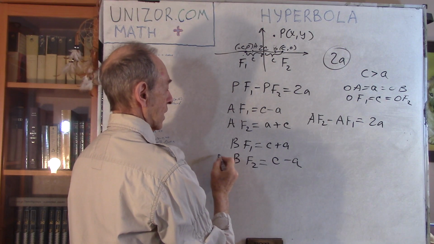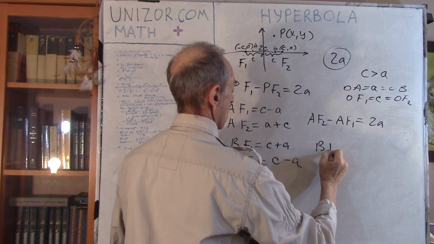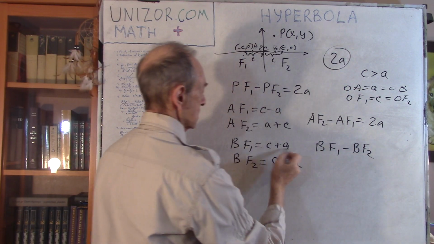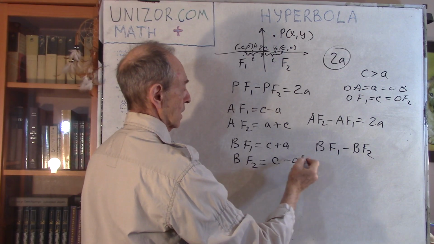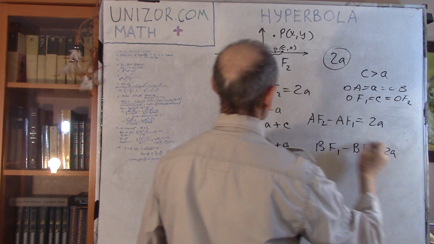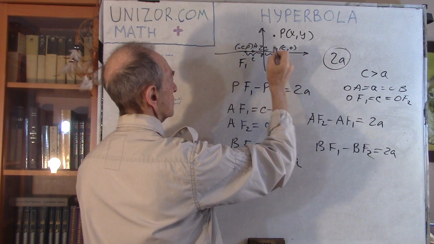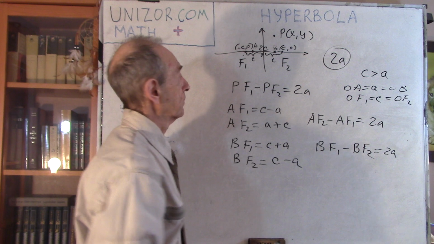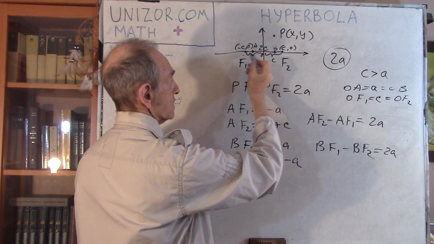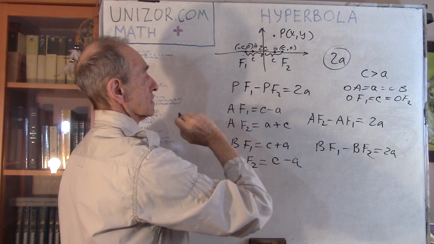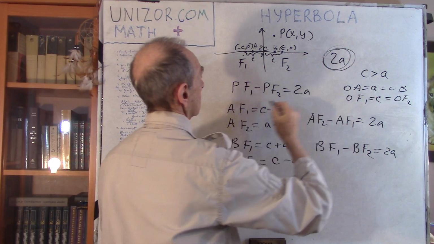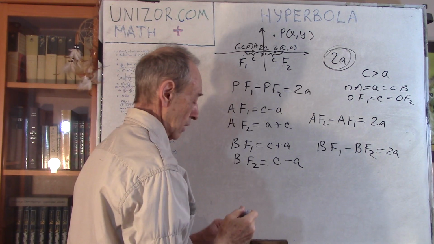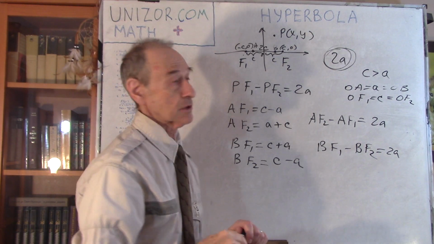If I subtract them, BF1, which is greater, minus BF2, is c plus a minus c plus a, again 2a. So as we see, points A and B belong to our hyperbola. And AB, by the way, is the major axis, remember? Because the distance between them is 2a.